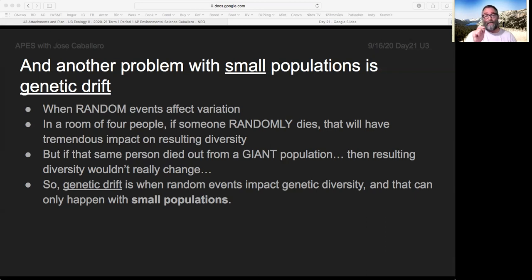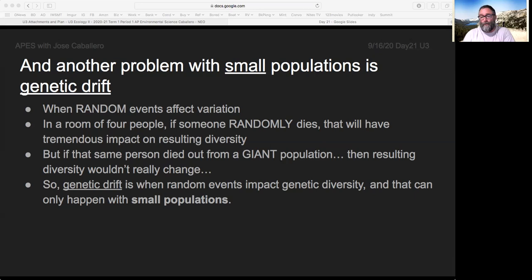The point of genetic drift is that a random event can affect total genetic diversity, but that can only happen with small populations. Remember that genetic diversity can change for a reason.